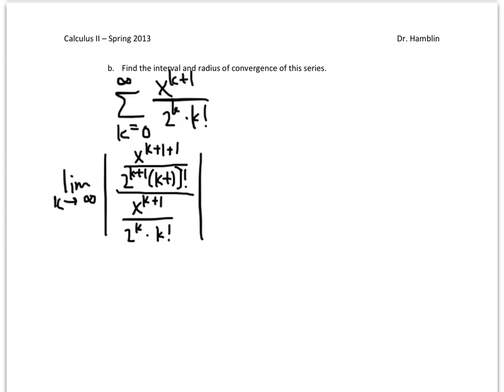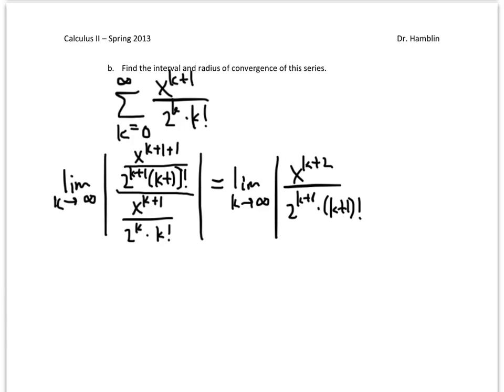There we go. And so now we're going to try to simplify that, because we want to think about what happens to this thing as k goes to infinity. So we've got a fraction over a fraction, so we're going to flip over the bottom fraction and multiply. So we've got x to the k plus 2 divided by 2 to the k plus 1 times k plus 1 factorial, and then we flipped over the bottom fraction, so we get 2 to the k times k factorial on the top, divided by x to the k plus 1.